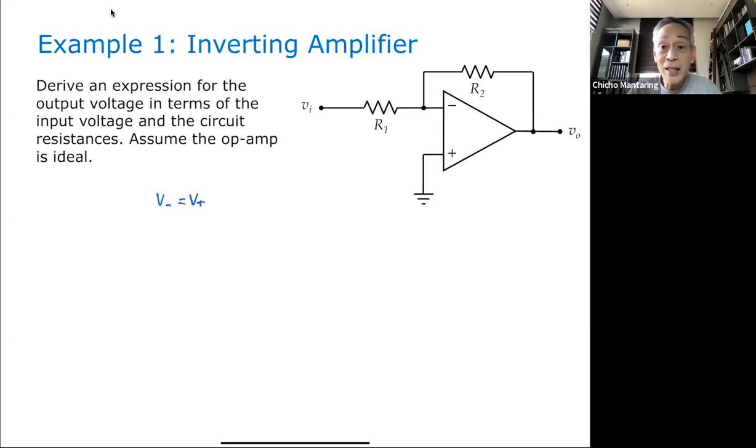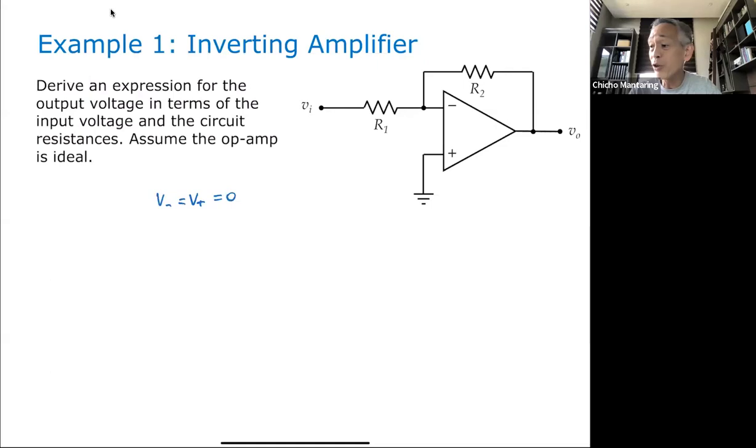But what is V plus? Can you tell me what V plus is? 0. That's right, no? V plus is 0 because this input is grounded. So V minus, which is equal to V plus, is equal to 0. And then third, I just apply nodal analysis.